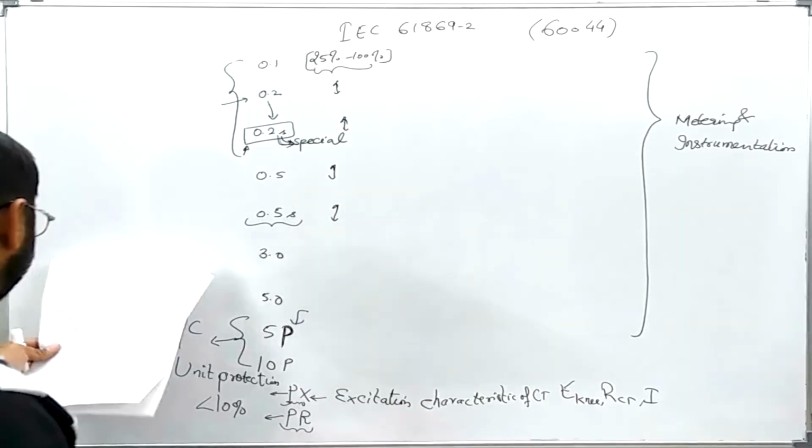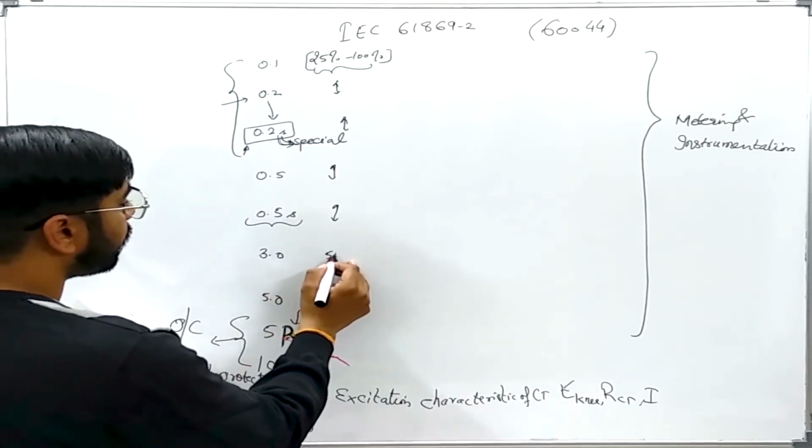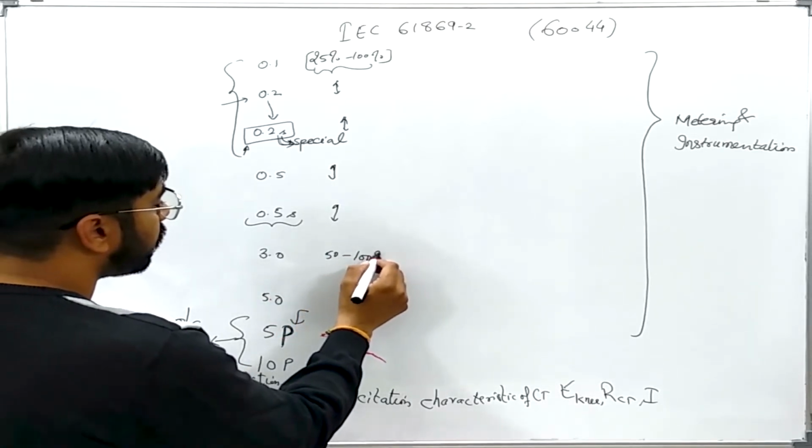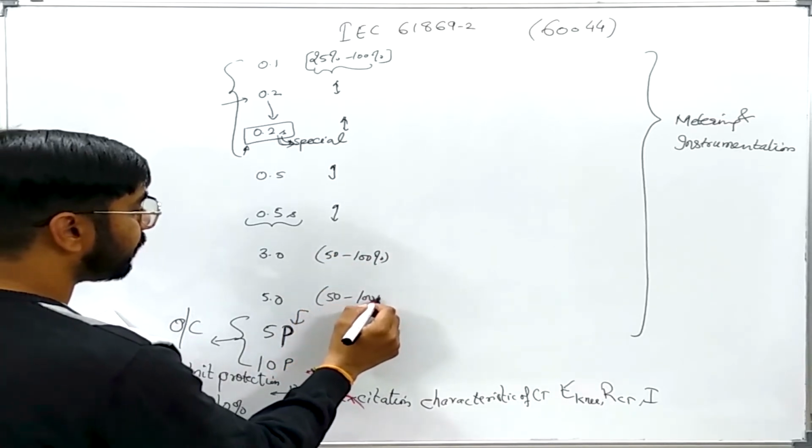However, 3.0 and 5.0 will give good results only between 50 to 100% of the rated VA connected across them.